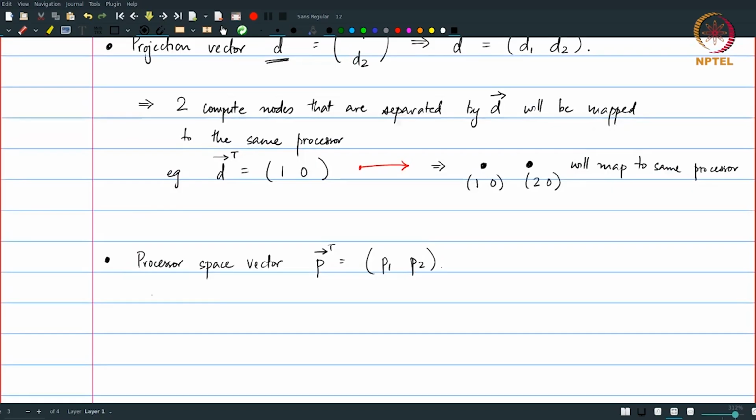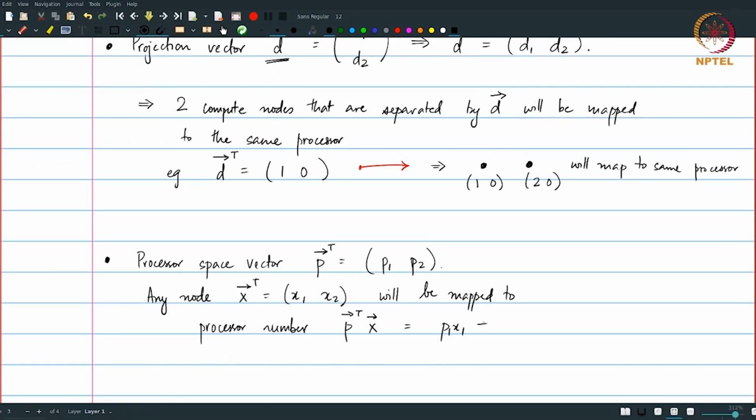How it is defined is to say that any node X which has coordinates x1, x2 will be mapped to the processor number given by P transpose X. In other words, it will be given by the value P1 x1 plus P2 x2.